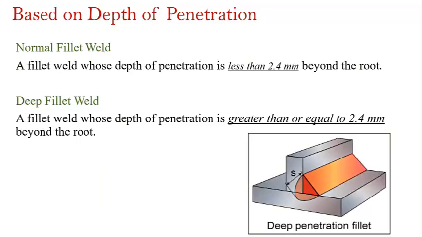So here you can see the deep fillet weld, whose depth of penetration is greater than 2.4 mm. This is the classification of fillet weld based on depth of penetration. One is the normal fillet weld, with depth of penetration less than 2.4 mm, and the second is the deep fillet weld, with depth of penetration greater than or equal to 2.4 mm.